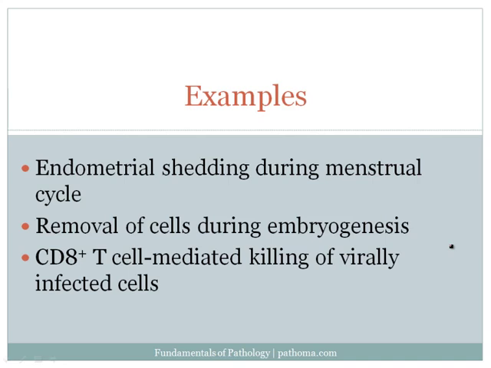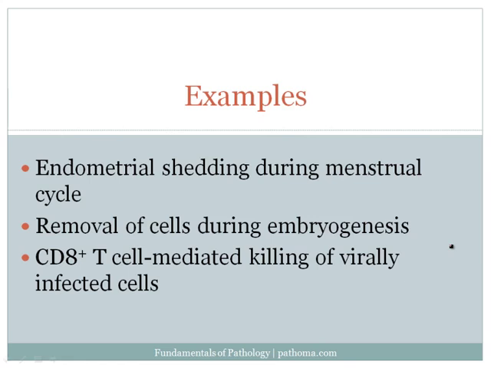And a third classic example of apoptosis would be the killing of virally infected cells by CD8 positive T cells. Recall that when a virus infects a cell, the proteins of that virus are produced by the genetic machinery of the cell, and because these are endogenous proteins, they'll be expressed on MHC class I. MHC class I is present on all nucleated cells and platelets, and it expresses endogenous protein.